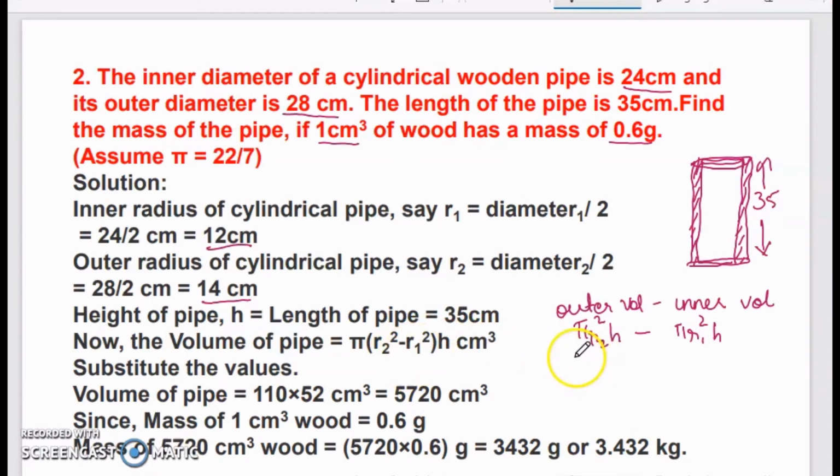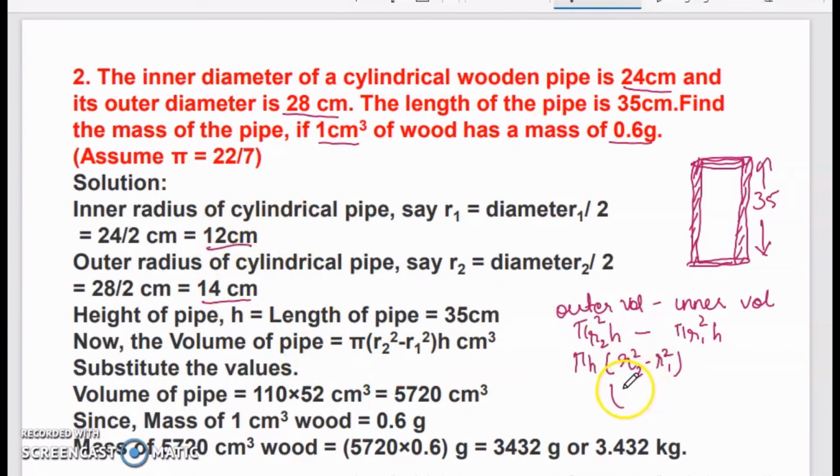Now here, when you take pi h common, you have R2 square minus R1 square. So here you can use the formula also, that is a square minus b square, that identity you can use to make your calculations easier. So R2 is 14 and R1 is 12.